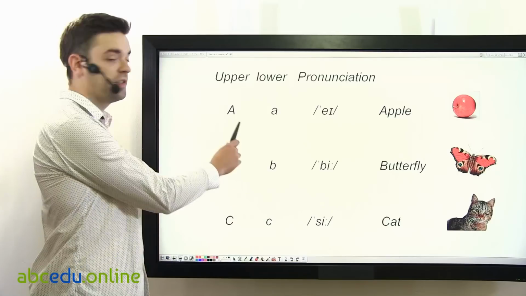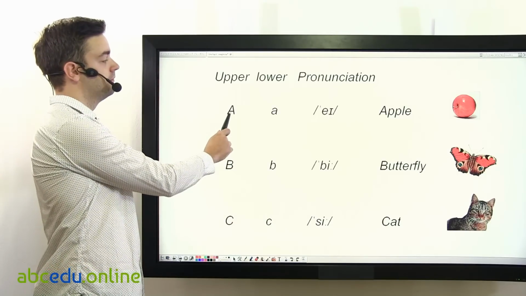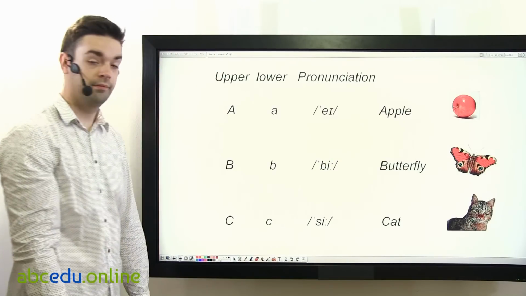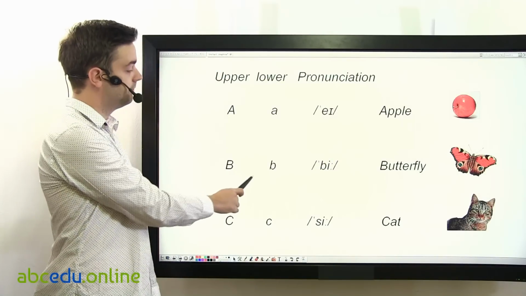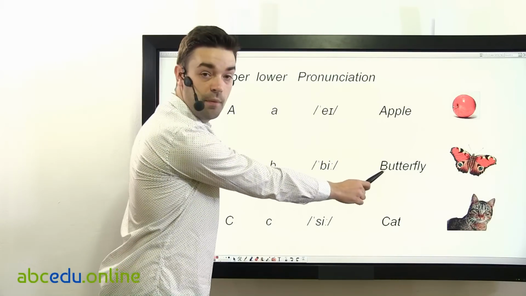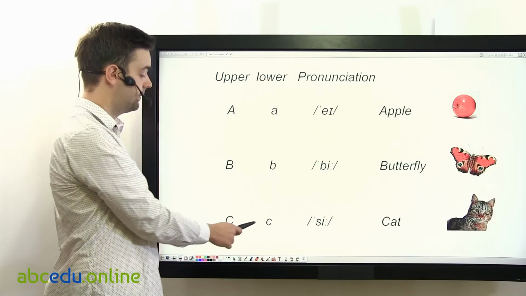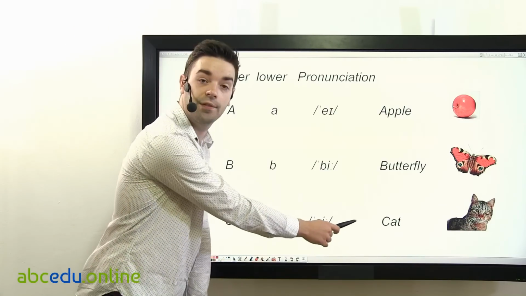So, first of all, we've got A. A is for apple. Then we've got B. B is for butterfly. And then we've got C. C is for cat.